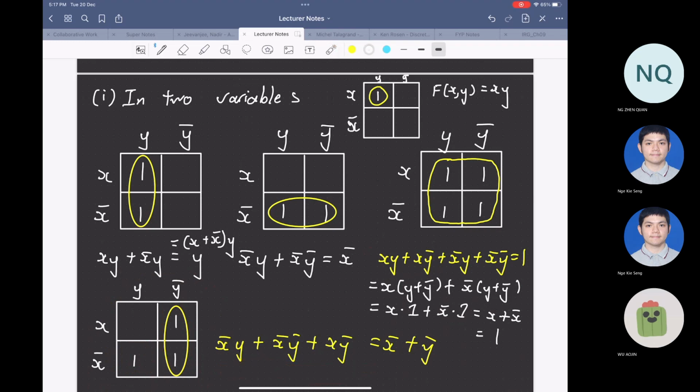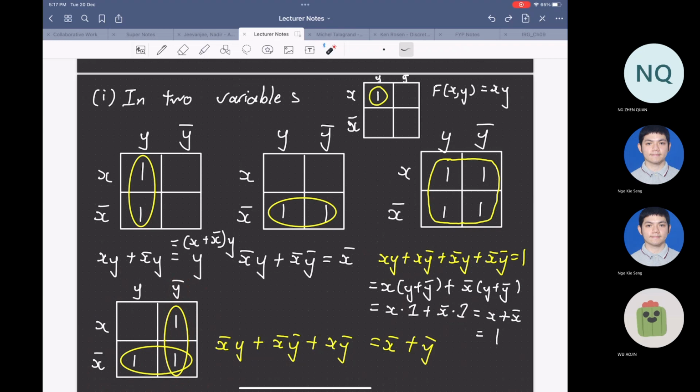You need to find the blocks that cover all the ones, and then use the fewest blocks. Make sense? So what you do here is combine these two. When you combine these two, what do you get? What's the min term you get by combining S Y bar and S bar Y bar?